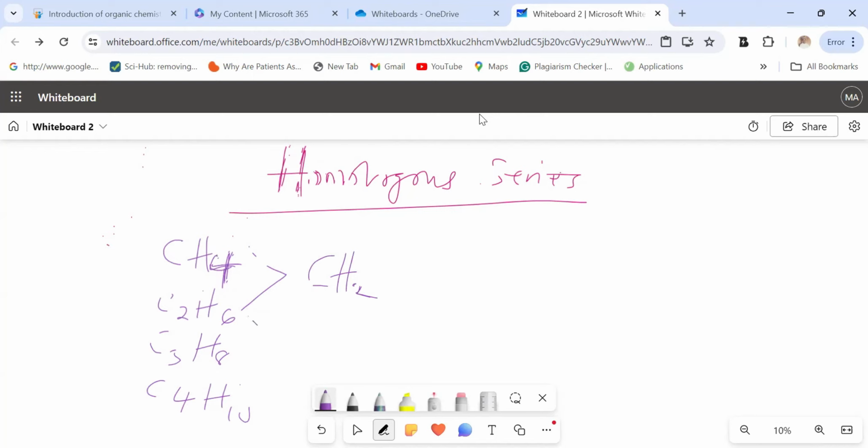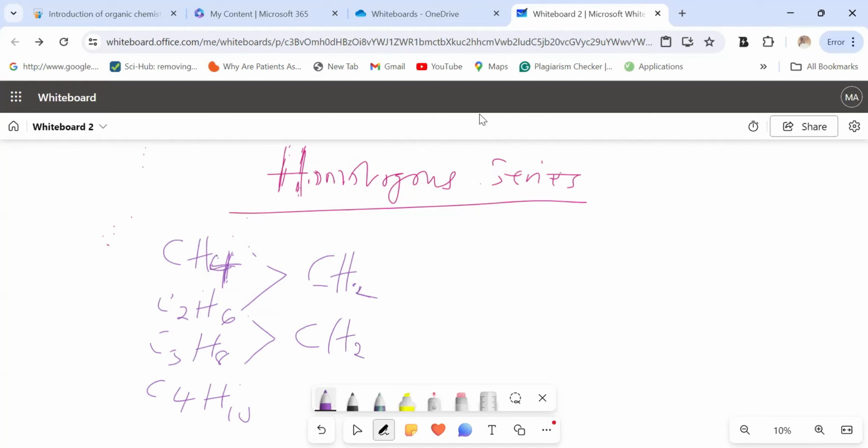And then now let's look at this one. C3 minus C2, we have C. H8 minus H6, we have H2. So between the first and the second member, the difference is CH2, and between that member and the next member, the difference is CH2.